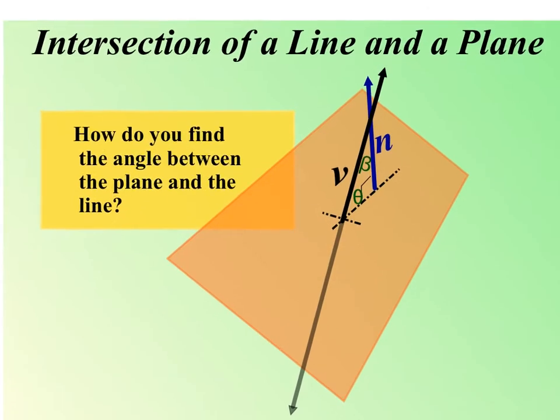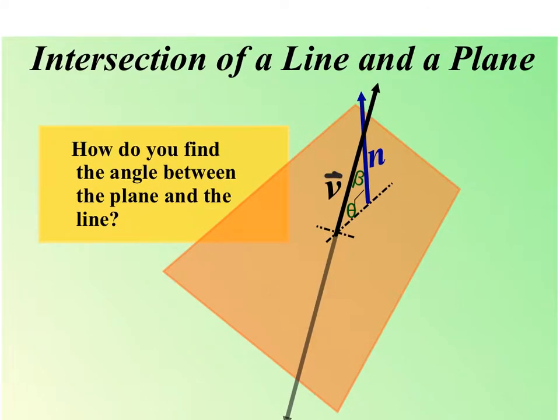Okay, so intersection of a line and a plane. You can see vector V here, and you can see our orange plane there. However, one of the most important pieces of a plane is Cartesian form, right? To have it in that form, we then know our normal vector.